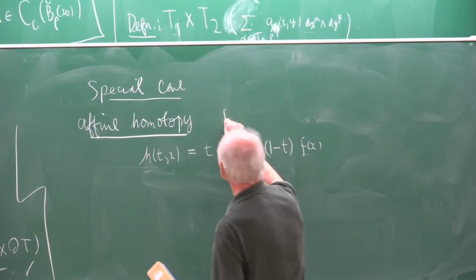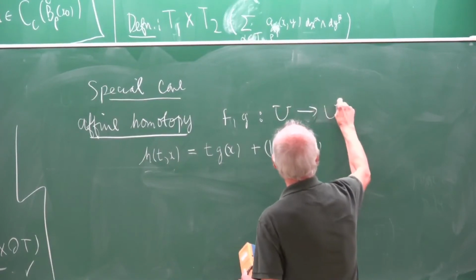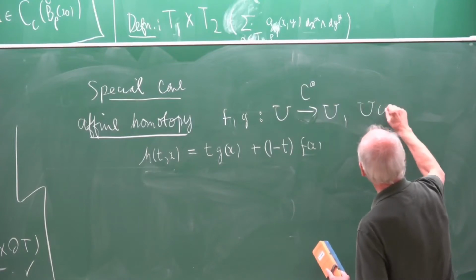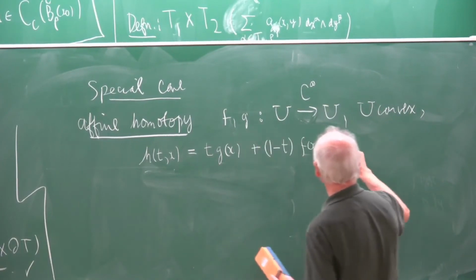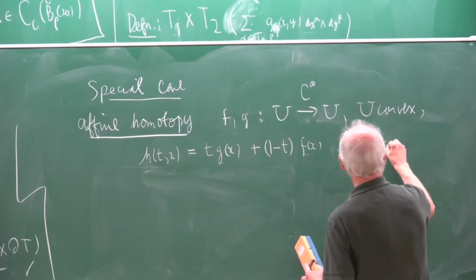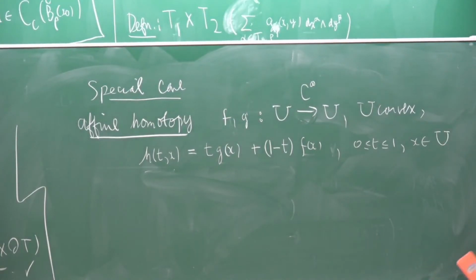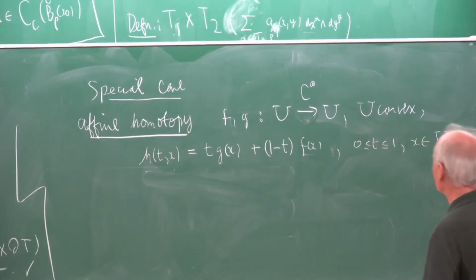So F and G are maps from U into U, U convex, C infinity. And this is for t between 0 and 1, x in U. Yeah, thanks, Bob. The star-shaped thing will come up in a minute when we talk about the cone over a current.